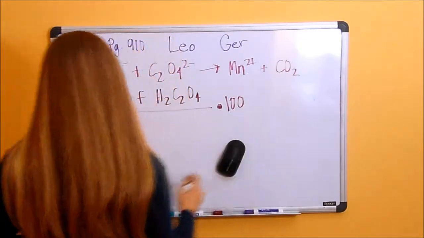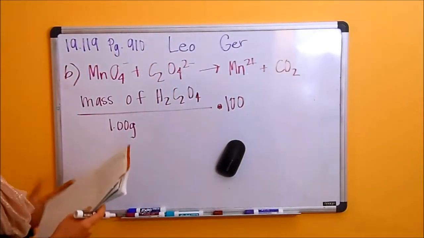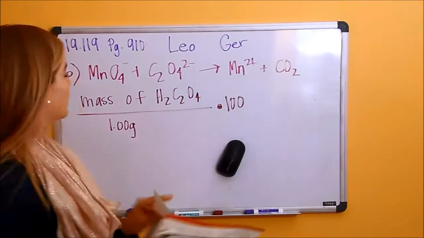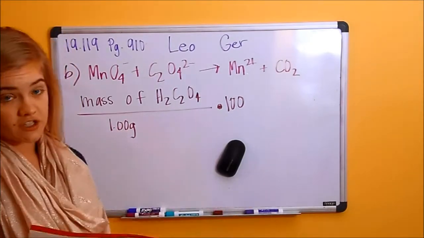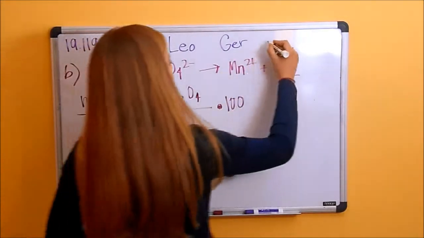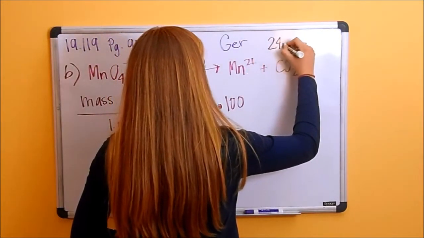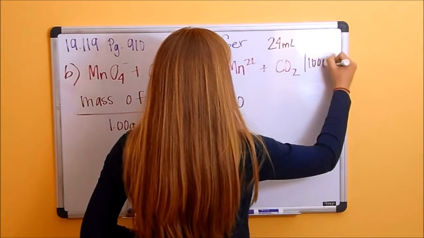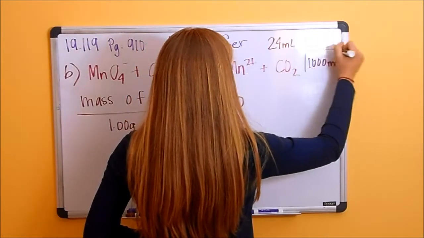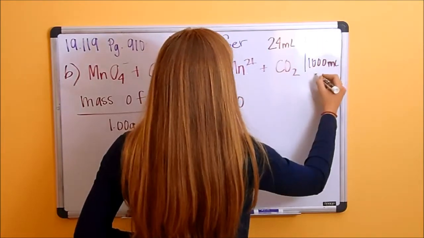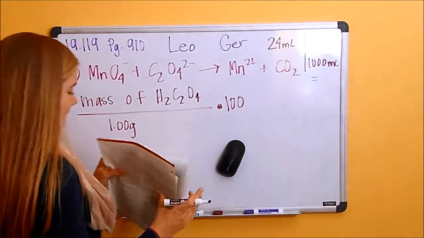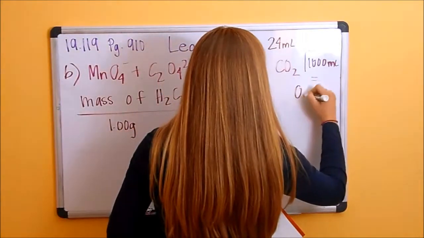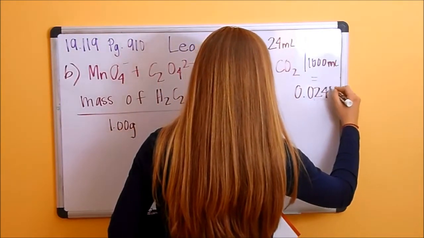So it starts off in the problem and it tells us that we have 24 milliliters. And we can't use milliliters, we have to convert it to liters. So if we do 24 milliliters and there's 1,000 milliliters per 1 liter, that'll give us 0.024 liters.